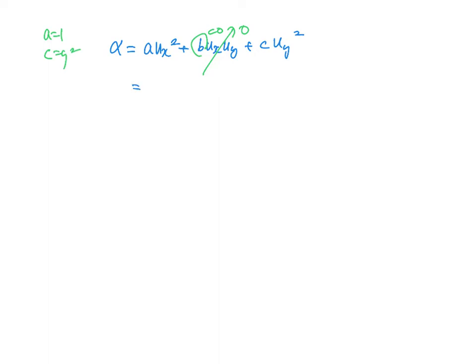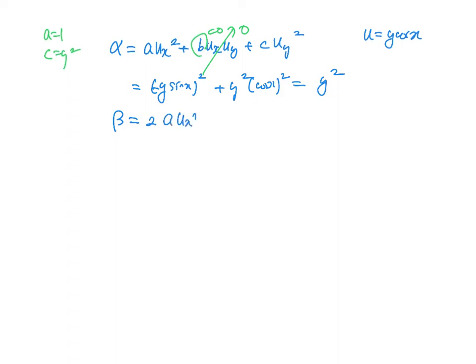So we say u is y cosine x, so A is equal to 1, so u_x is minus y sine x, squared, plus C is y squared, and u_y is cosine x, squared, is y squared. Beta is twice over A u_x v_x. We don't need to consider B because this is 0, right?